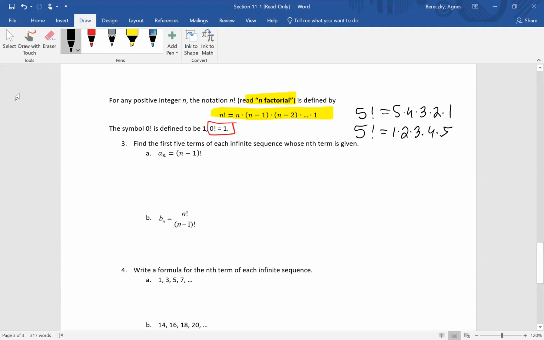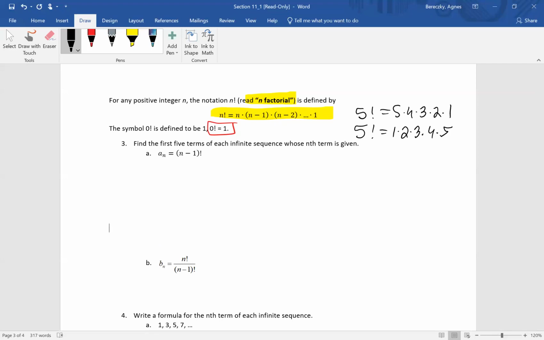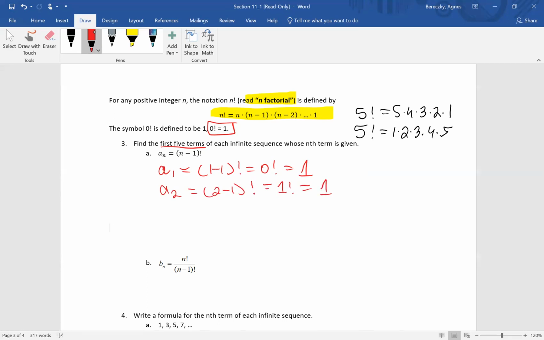So if the sequence is given with the factorial notation, find the first 5 terms of each infinite sequence whose nth term is given. So let's do 5 terms. Plugging in 1 for n, 1 minus 1 factorial, 0 factorial, which is 1 by definition. A2 will be 2 minus 1 factorial, which is 1 factorial, which is also 1.